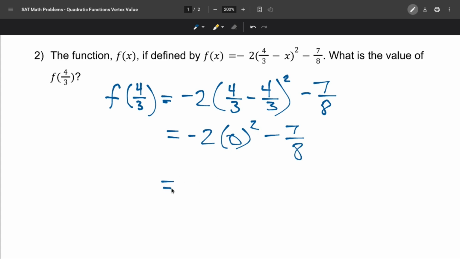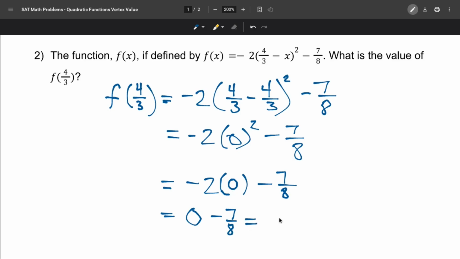Okay, so what's 0 squared? Well, it's 0 times 0, so it's -2 times 0 minus 7/8. Anything times 0 is 0, so this is 0 minus 7/8.